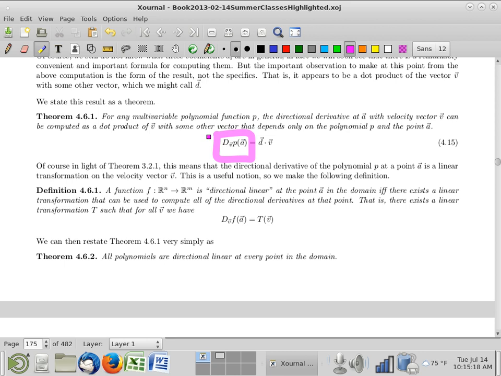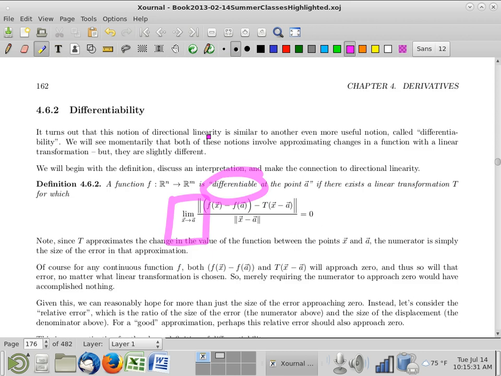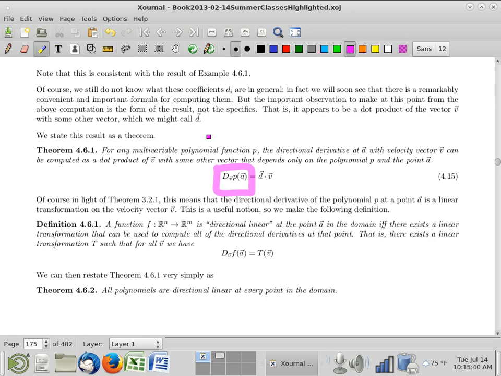So even if altogether they, in some sense, dovetail and it looks like everything's nice, the point is you've only looked along straight lines, and it just doesn't tell the whole story. So there are some deep and sophisticated facts about differentiability, and ultimately, differentiability is a stronger condition. Not only is it a stronger condition than your mere ability to compute directional derivatives, but it's even stronger than directional linearity.